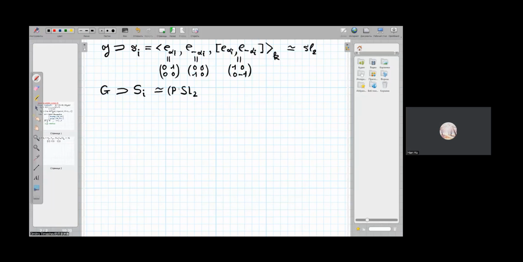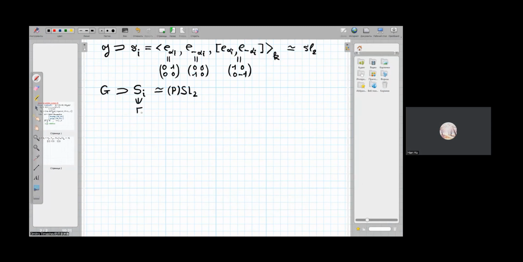So the Lie algebra will be the same, but the group may differ. It is either SL2 or SL2 modulo its center, modulo the finite subgroup of order 2. Okay? So, and now what is this simple reflection, this Ri?